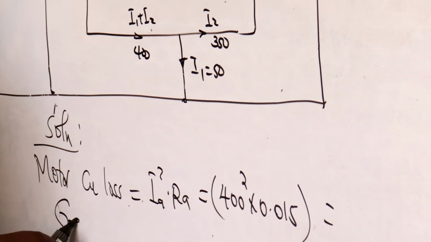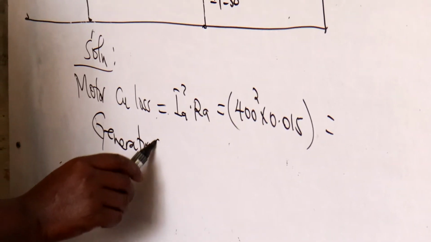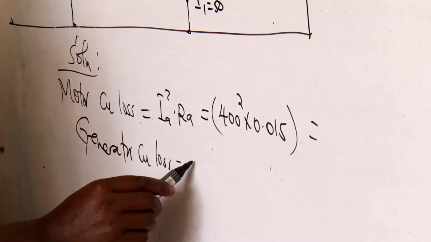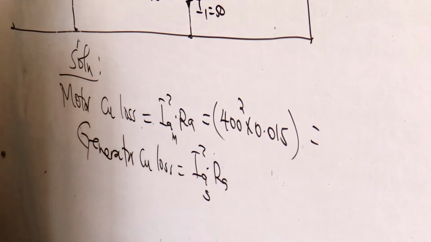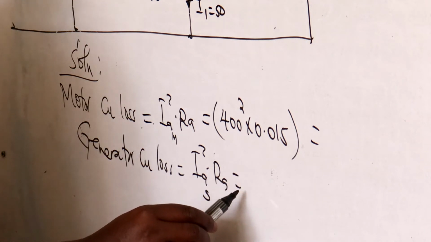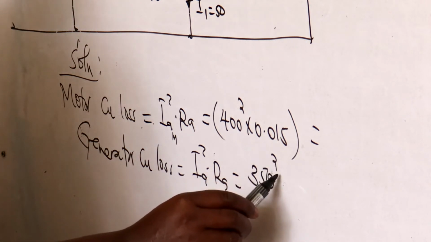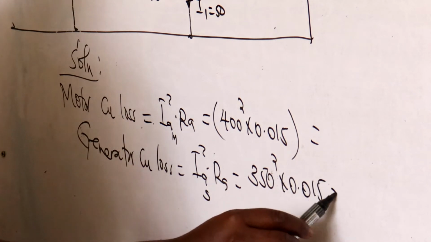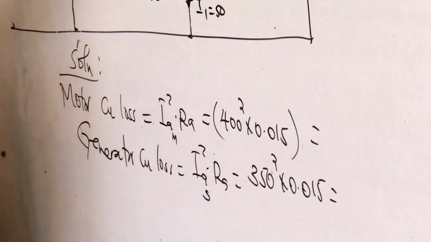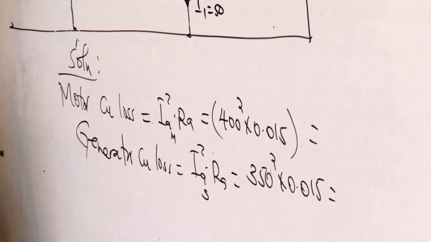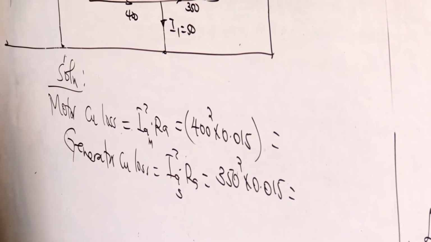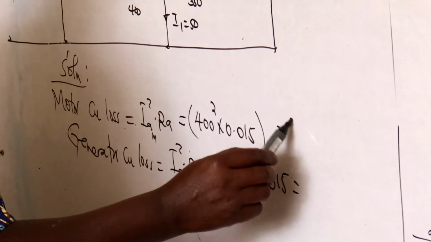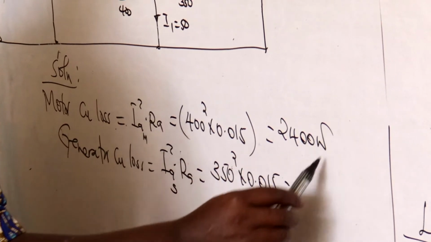Then for the generator, because we don't have the field, the copper loss is the generator armature current, which is 350 squared times 0.15. Use your calculator.